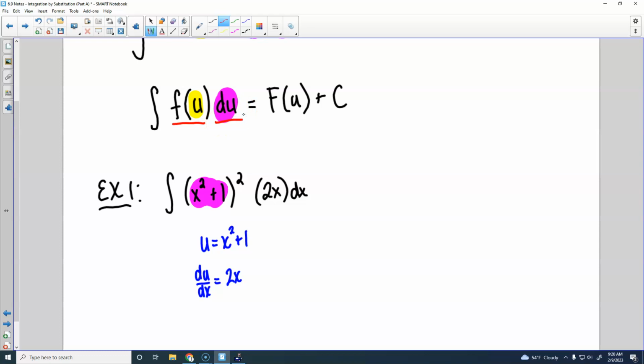That's not a du dx, it's just a du. So the way that I can get this to be just a du is I could take this and multiply it by dx on both sides. So now I know that du is going to equal 2x dx.